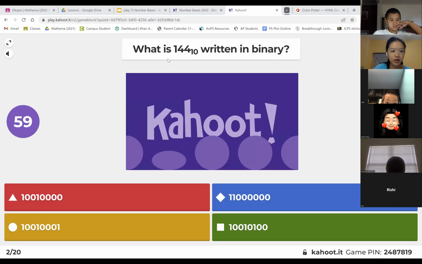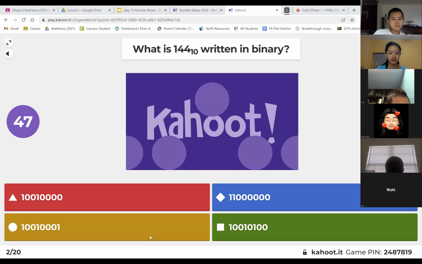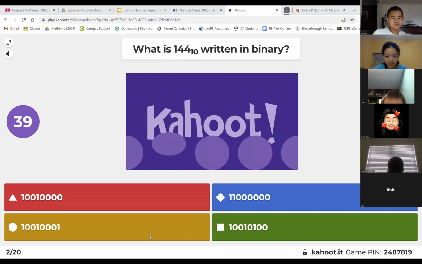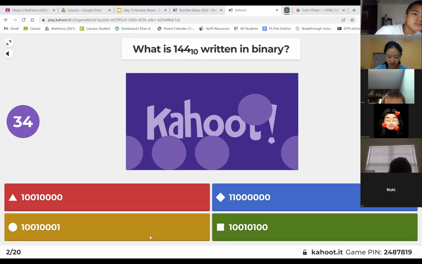What is 144 written in binary? Holy cow, that's a lot of zeros. Educated guesses. I mean, you could probably get away with not actually doing the problem in this one. Potentially, let me see.